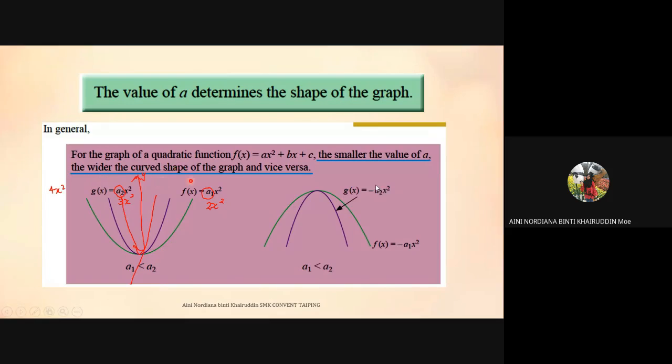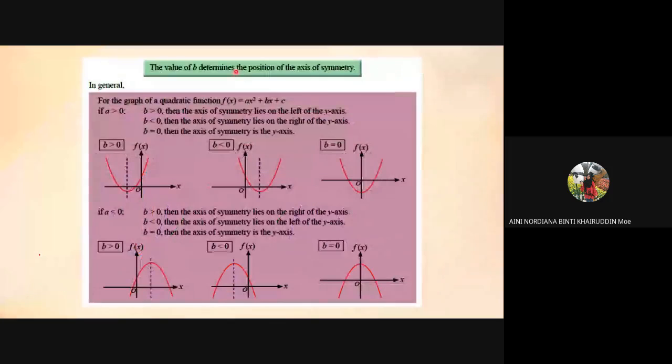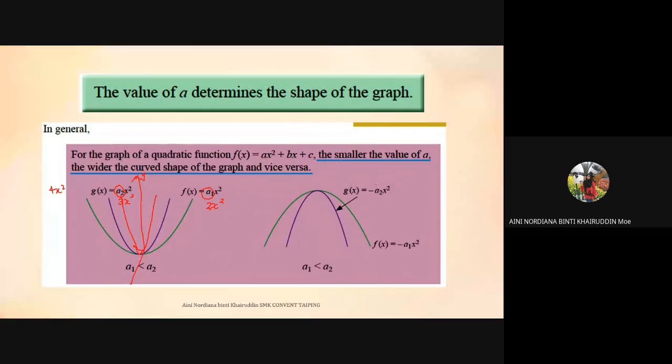If I put a value here, where is my pen? If I put here, say -3. So, what is the value here? Anyone? -4. Right? Chua, okay. -4 is less than -3.